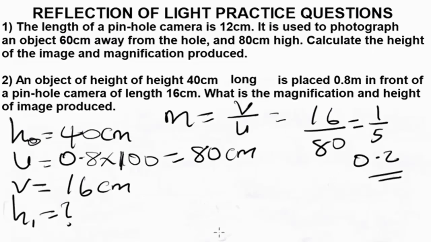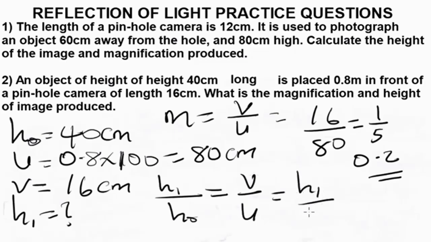Now we have to find the height of the image produced, that's the image height. We're going to apply this formula: hi over ho equals v over u. When you substitute the values, our ho is 40, equals our v, which is 16, over our u, which is 80.